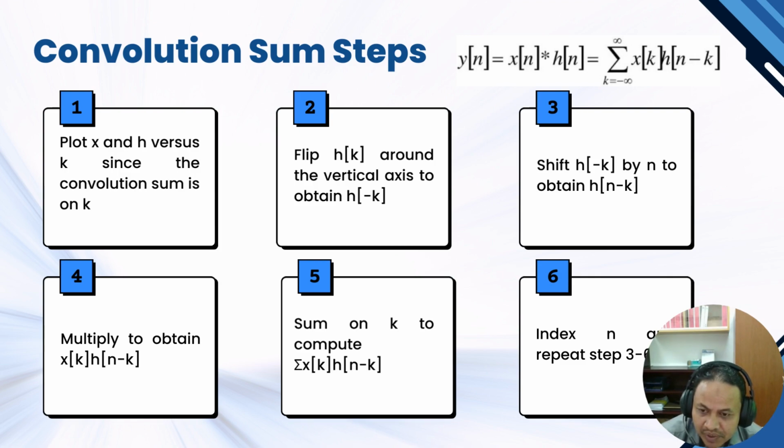After that, we multiply x and h. The next step, we sum all the multiplied results over k to compute the total of x and h, and we repeat all the steps from negative infinity to infinity.